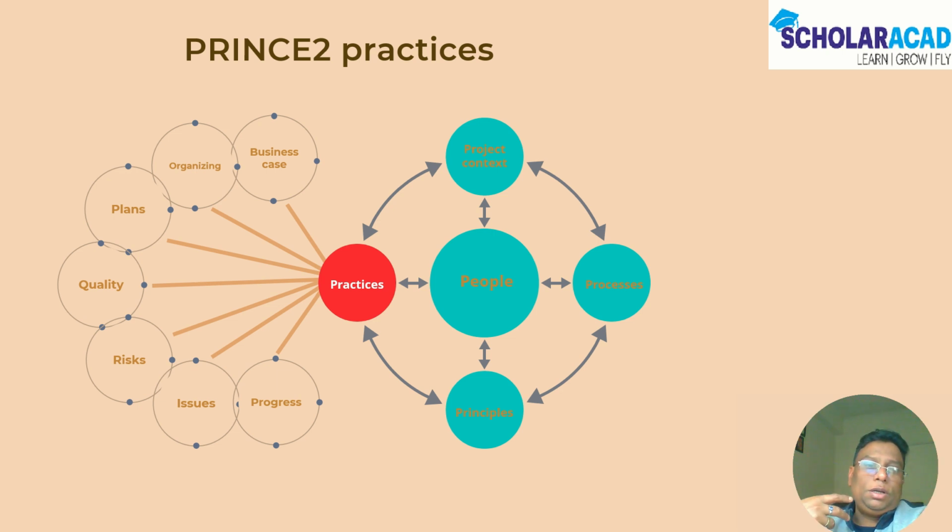For example, starting a project process focuses on the business case, whether this project is suitable or not, and how you do these activities. If you are new to project management, then how do you perform a business case? You need to understand how to define one. These practices are going to help you perform these activities.